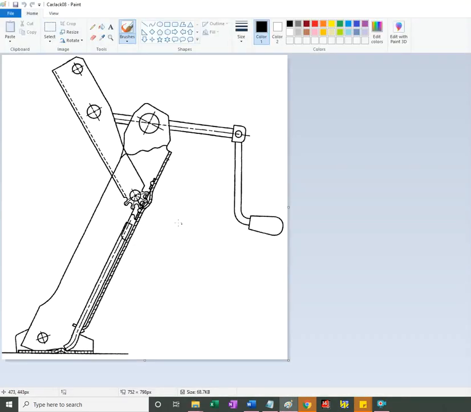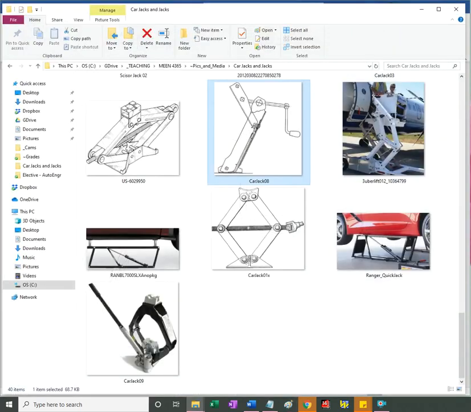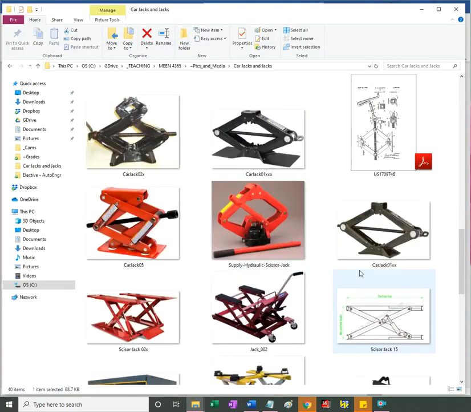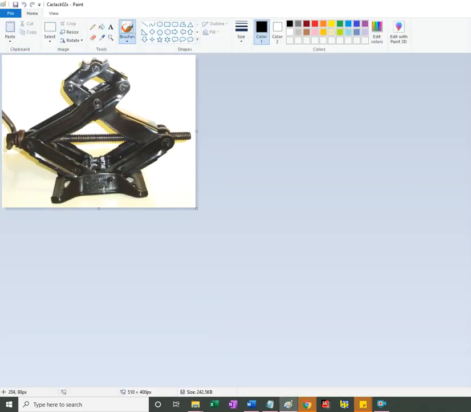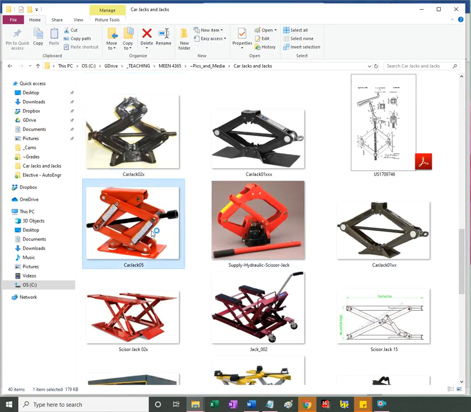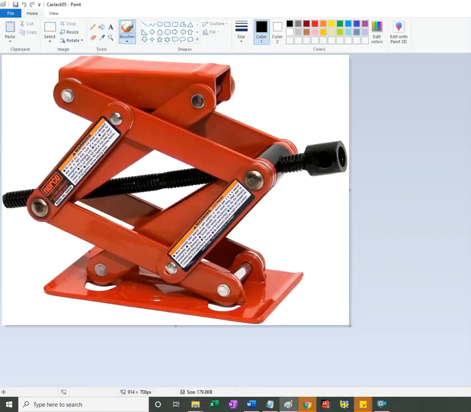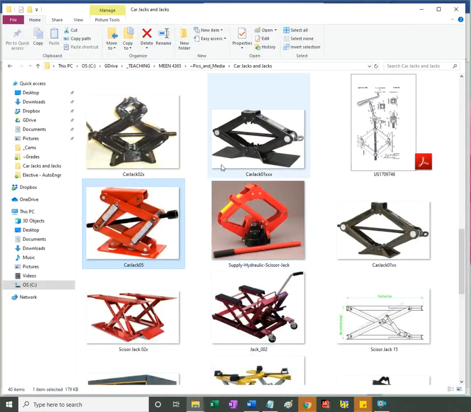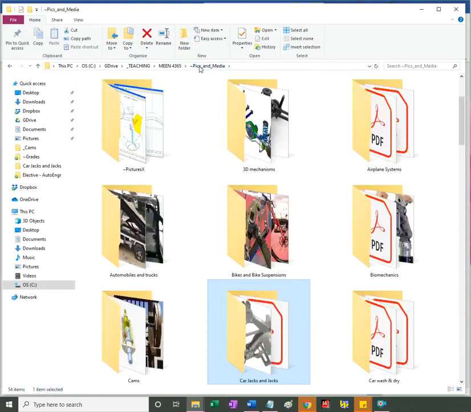I think I've seen one of these in use, and I had a car that came with this kind of jack. This one was invented in 1948 by a gentleman named Brown.